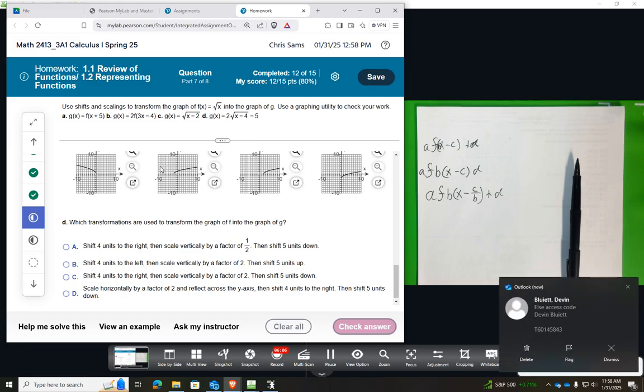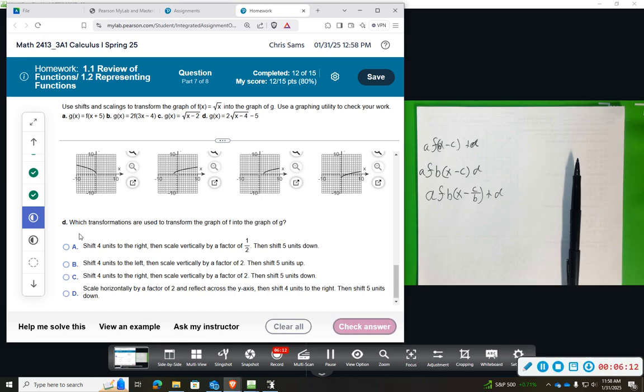Right 4, down 5, stretch vertically by 2. So we're going to go right 4, get a vertical stretch by 2 and down 5.